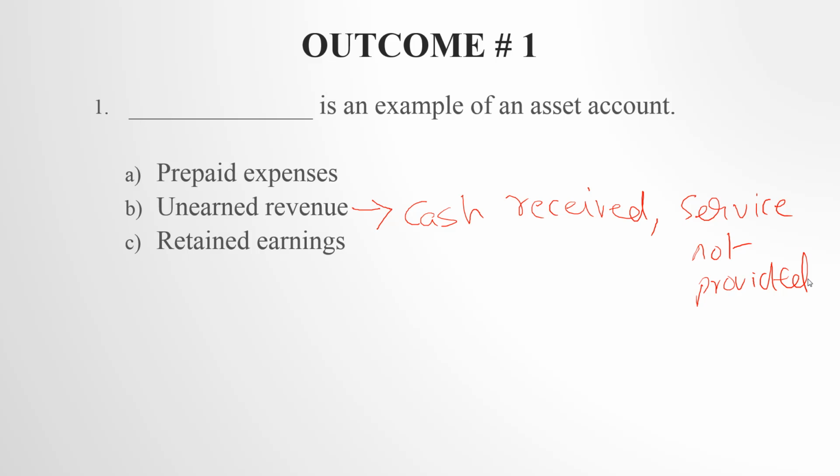It needs to provide the service to earn this $100, and if it cannot provide you those magazines for the rest of the year, it'll have to return your money. Therefore it owes you the service, and therefore unearned revenue is a liability.